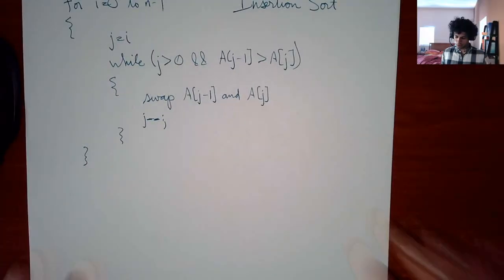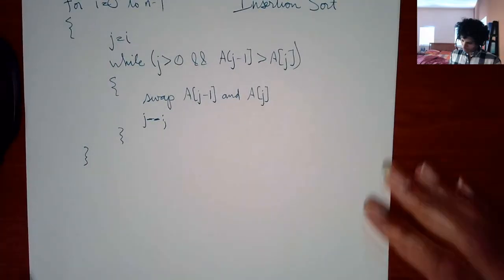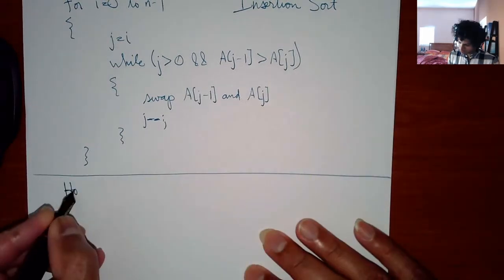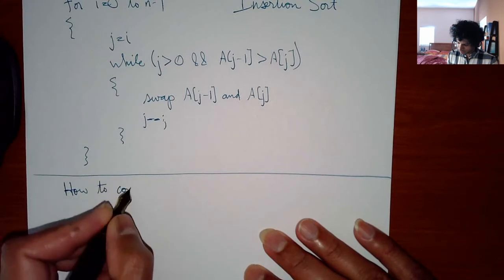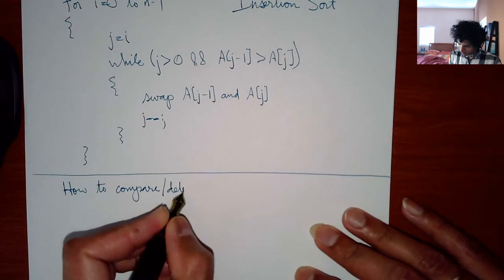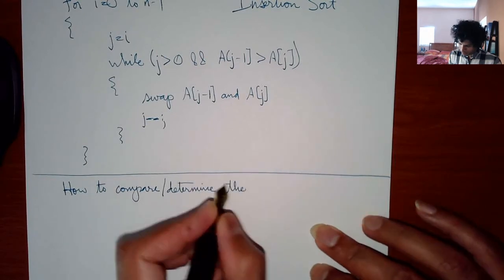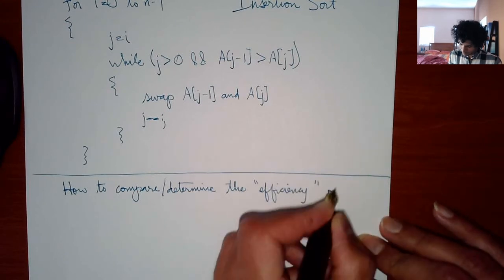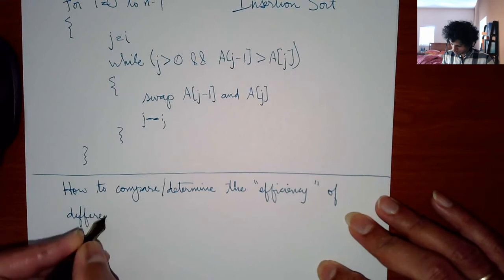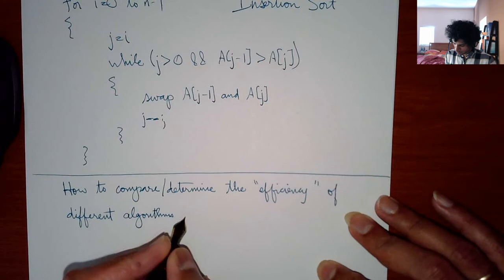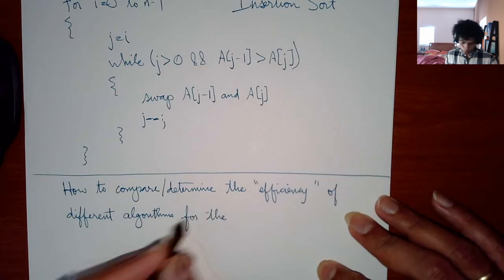So actually I'll write this down over here. We have these sorting algorithms, and the question is how to compare or determine the efficiency of different algorithms for the same problem.